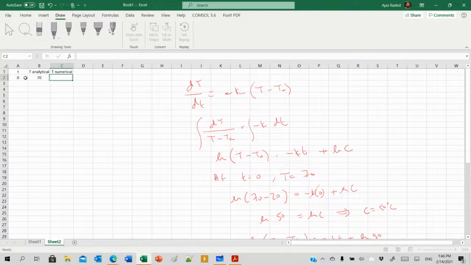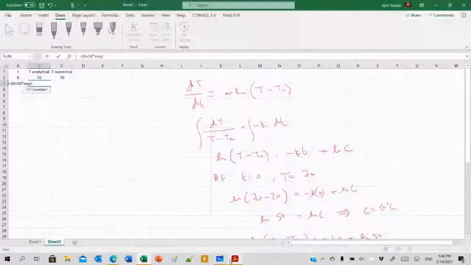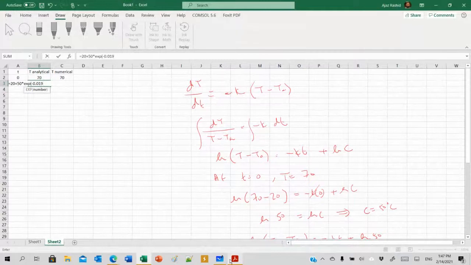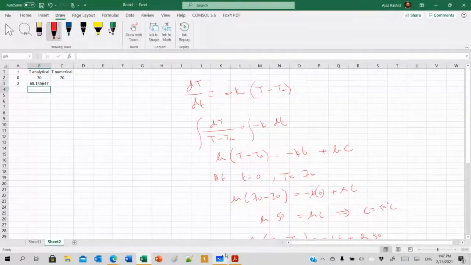At time 0, this is 70, this is 70. At time 2, this is, we said, the ambient plus 50 multiplied by exponent of minus k, 0.019, multiplied by time.